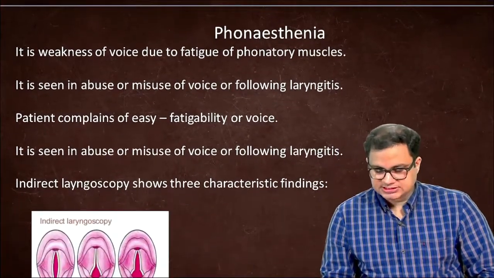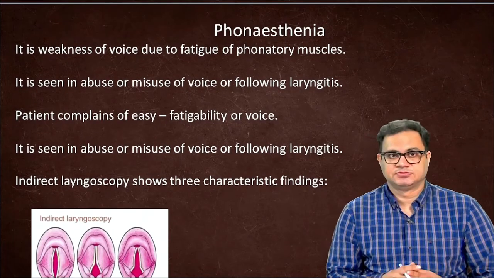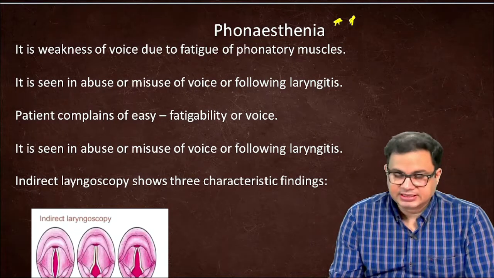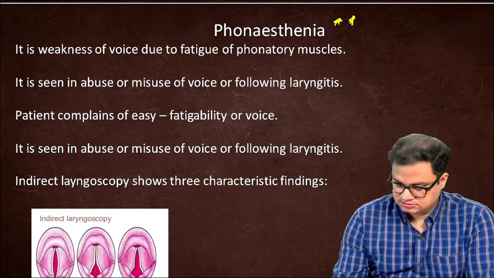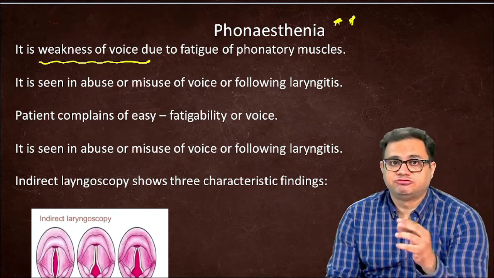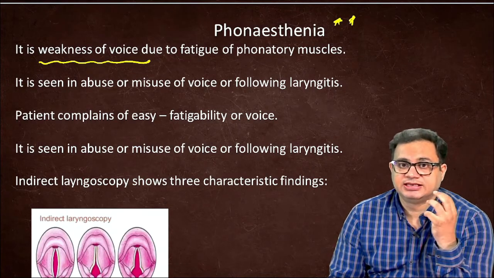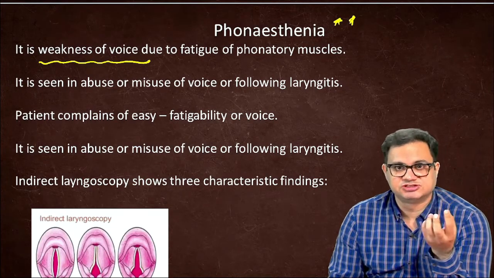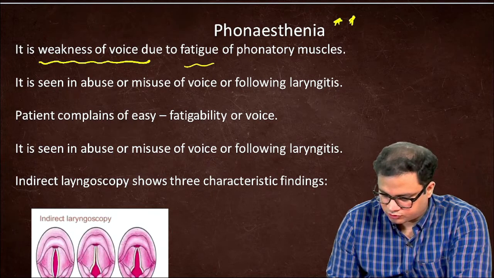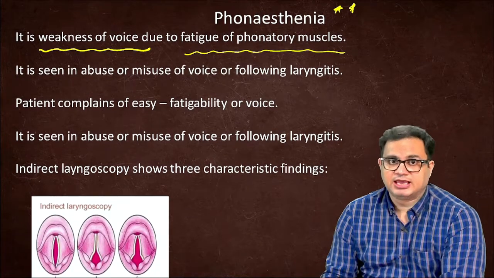Now coming to the next condition, a very important condition, that is known as phonesthenia. So write down beta, phonesthenia. It is the weakness of voice due to fatigueness of phonatory muscles. By phonatory muscles, I mean the muscles which are involved in phonation.